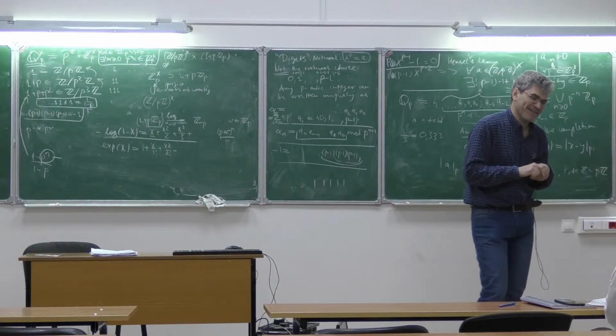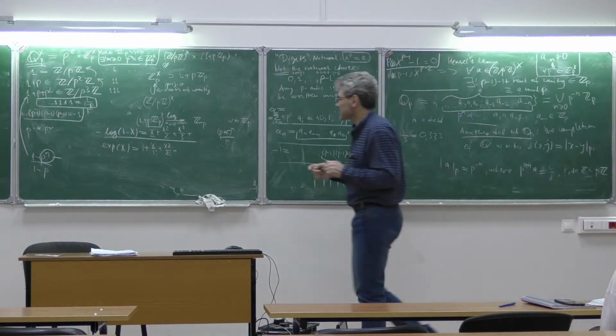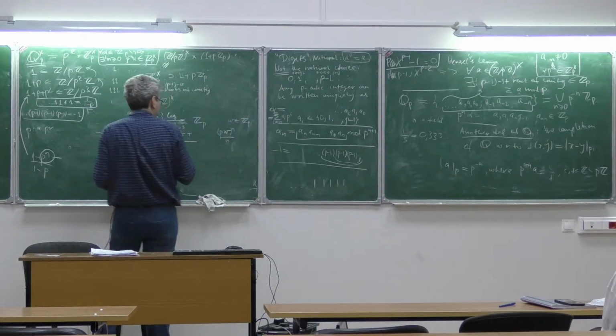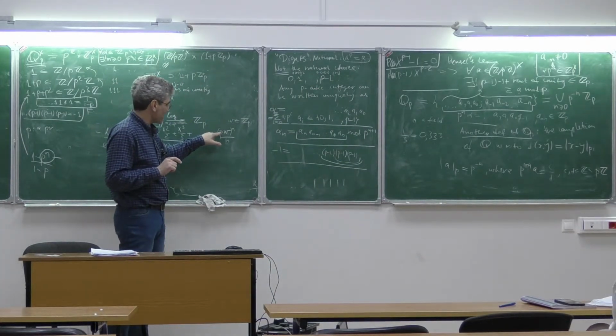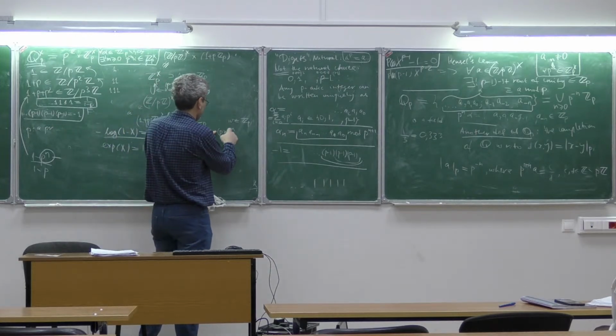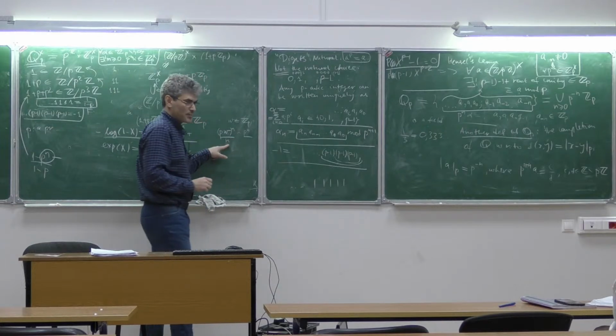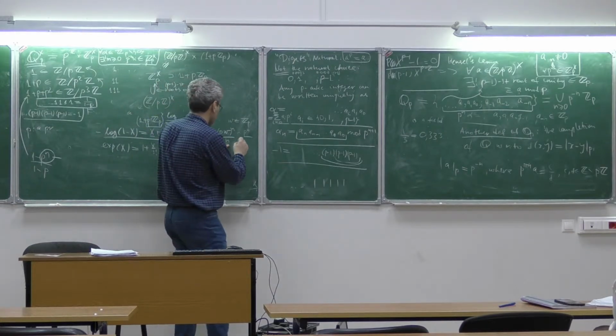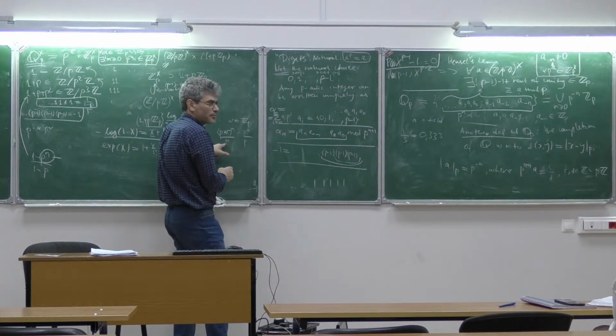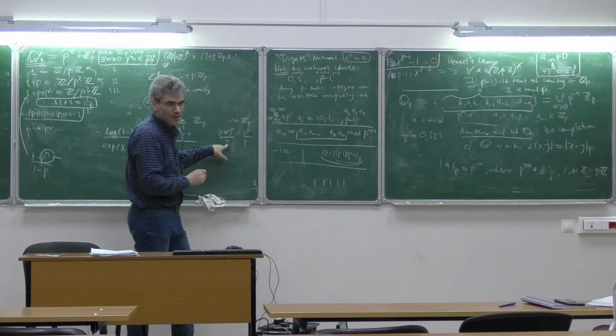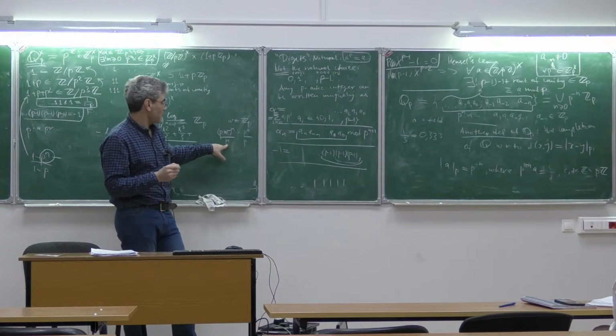Yeah, thank you. So the point is that here p appears in degree n, so this is like p to the n. And here, we don't know in which degree p appears in n, because maybe it's not divisible by p at all.